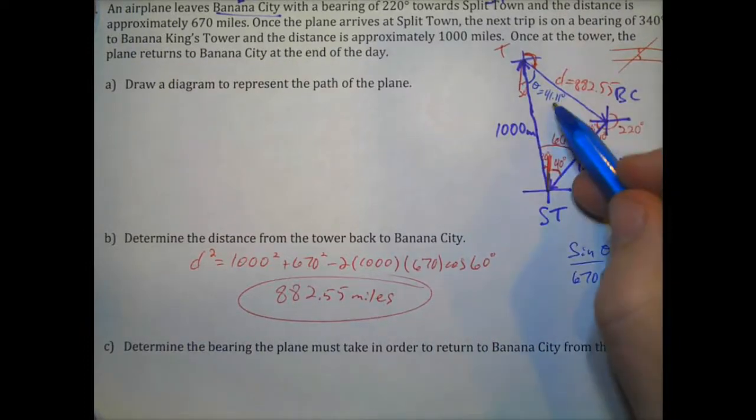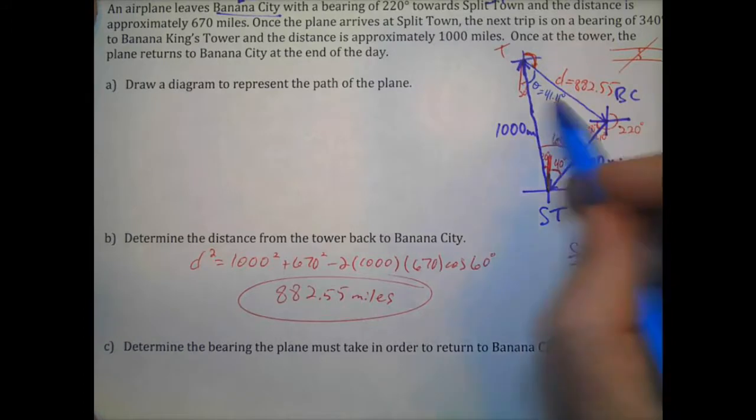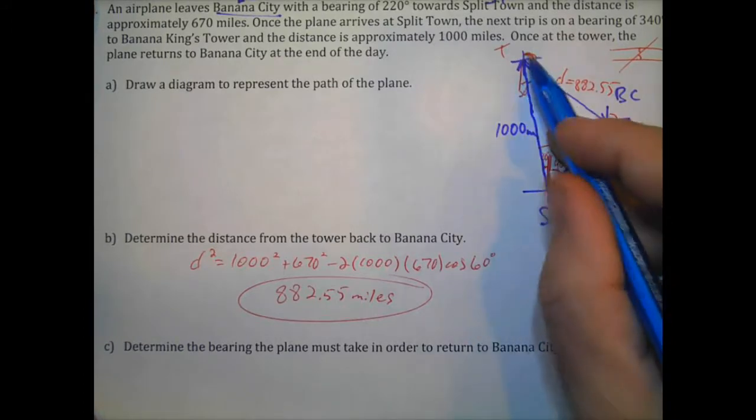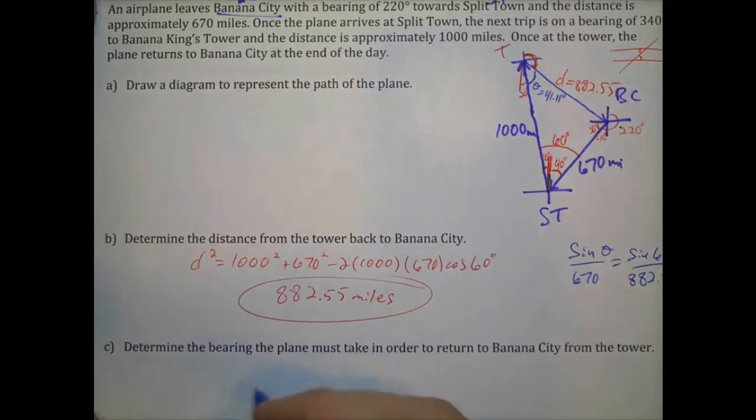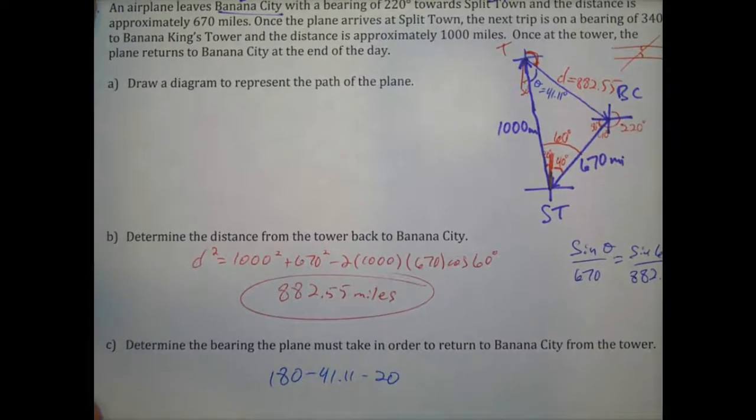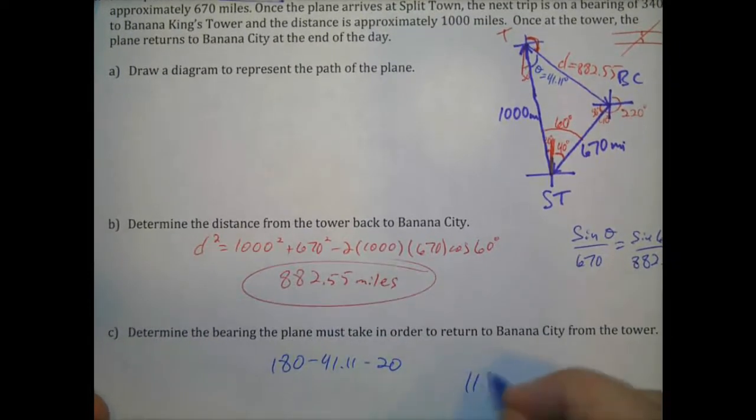Now, since I know that that is 41.11, that is 20. 20 plus 41.11 plus my bearing that I must take from the tower back to Banana City is 180 degrees. So my bearing is 180 minus that 41.11 minus 20, and that will give you a directional bearing of 118.89 degrees.